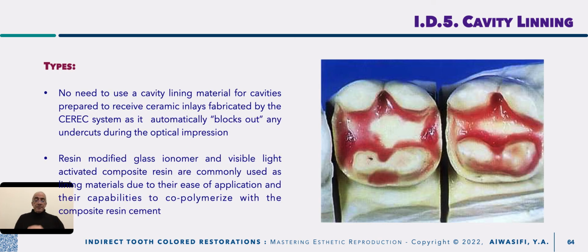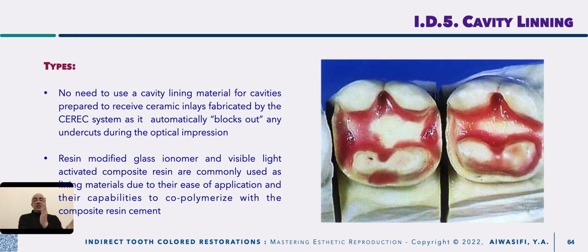Okay, then if you are using optical impressions, like the Cerec systems that will be discussed in our last episode, you do not need to block out undercuts. Why? Because your optical impression uses special optical cameras, and the light passes in straight lines.